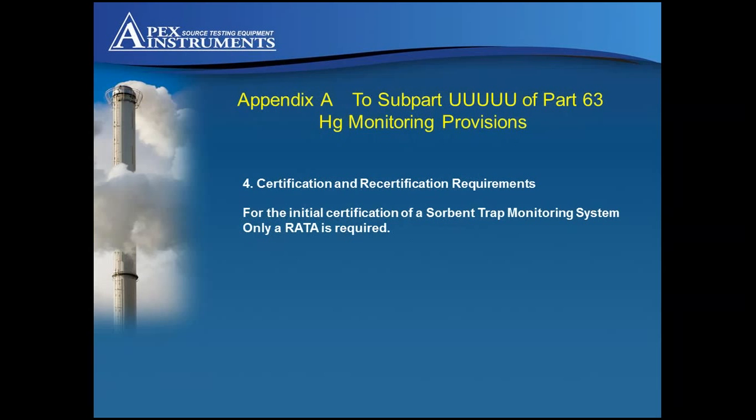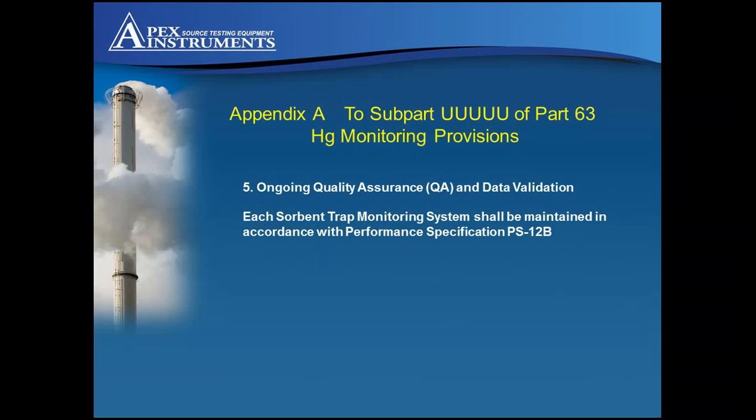A big advantage for a sorbent trap monitoring system is that for that initial certification of the sorbent trap monitor, only a RATA test is required. We've already seen the QA/QC criteria for routine operation of the system as listed in Table 12B-1 of PS12B.